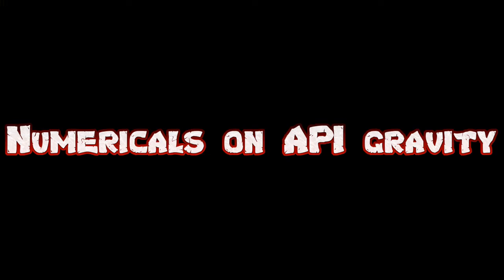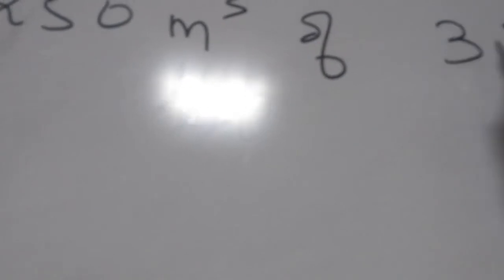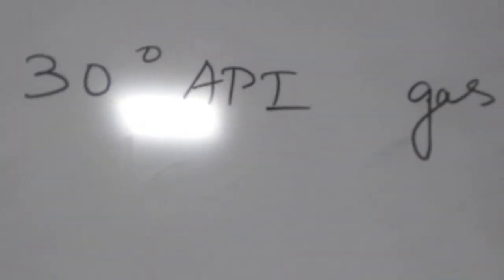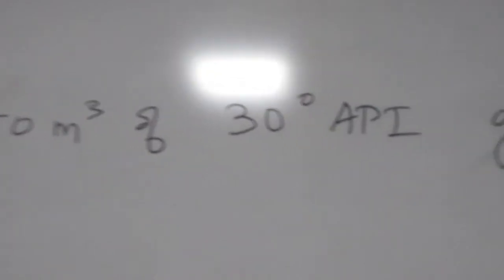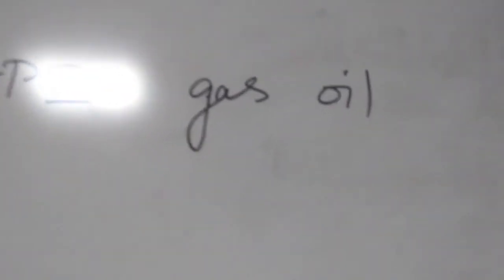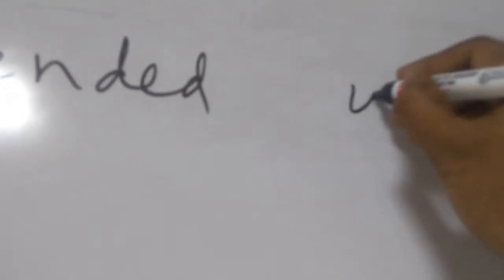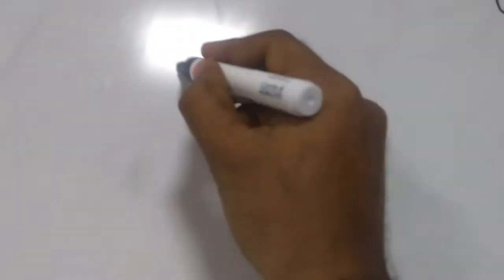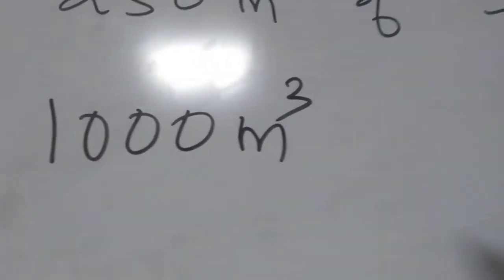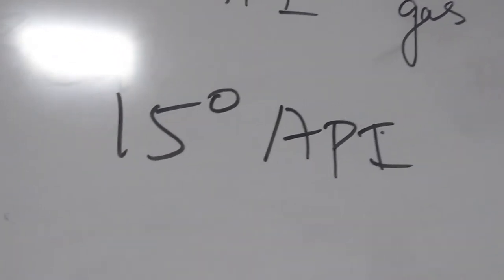We will be determining the density of a solution. 250 meter cube of 30 degree API gas oil is blended with 1000 cubic meter of 15 degree API fuel oil. Blended with means mixed with.